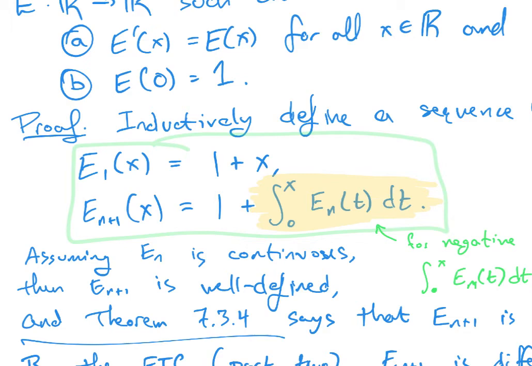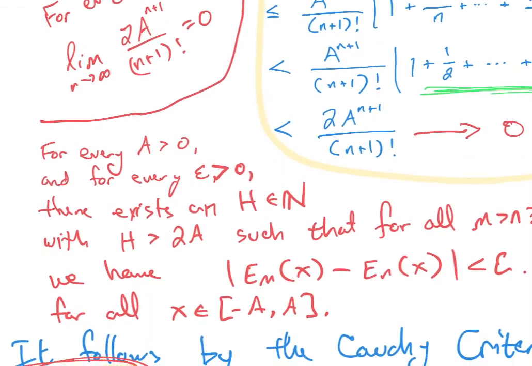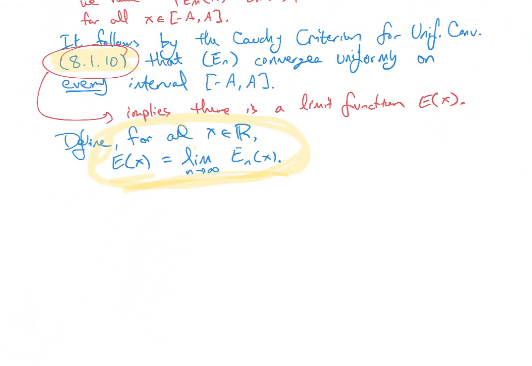So the limit function e will have to be 1 at 0 as well, because it's the limit of a bunch of functions that are 1 at 0. And then the only question is, what about the derivative? That's going to carry over because of uniform convergence. So let's just write the end of the proof here. Since e sub n of 0 is 1 for all n, e of 0 is 1, proving b.